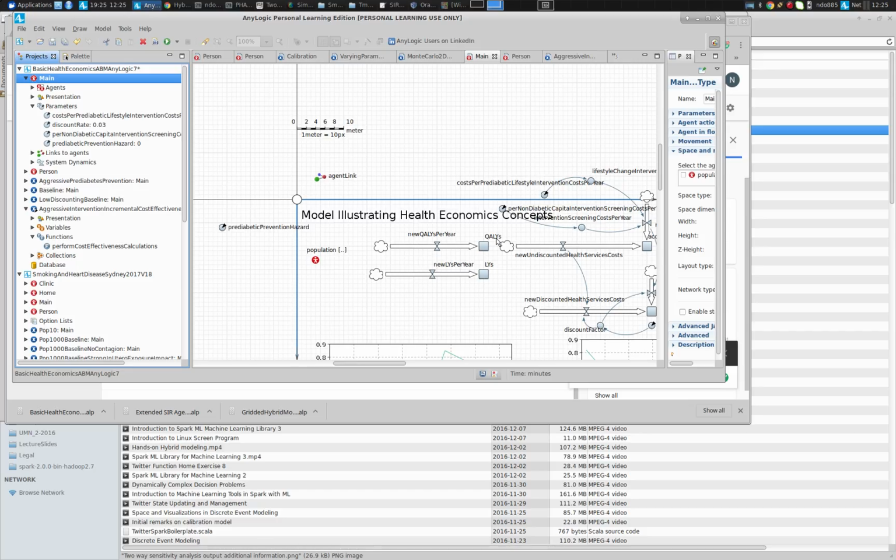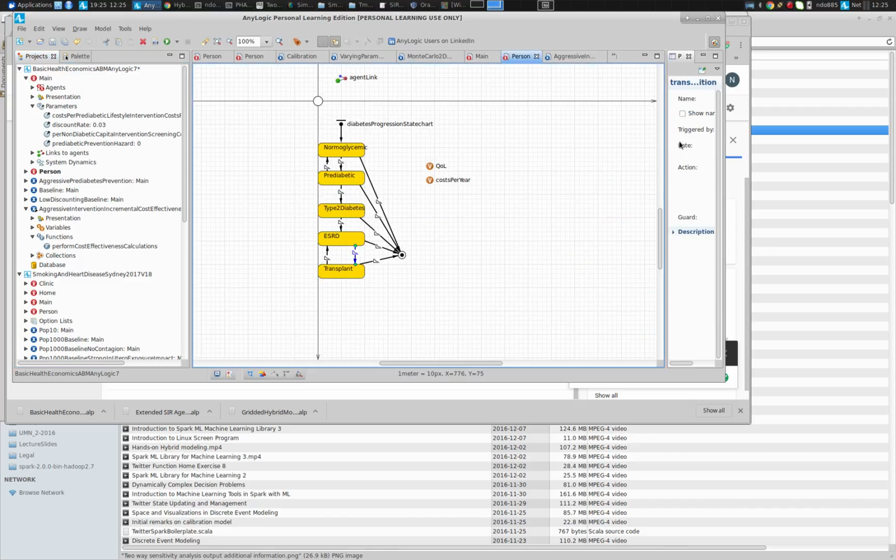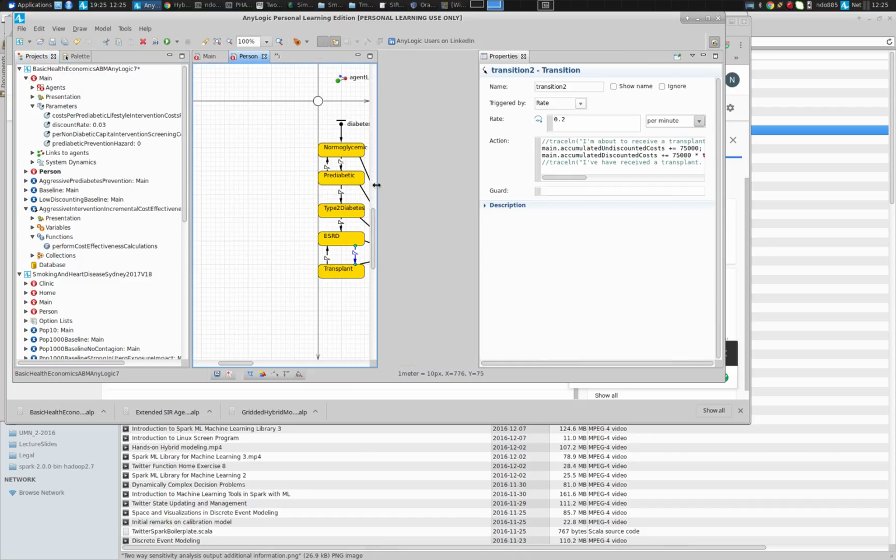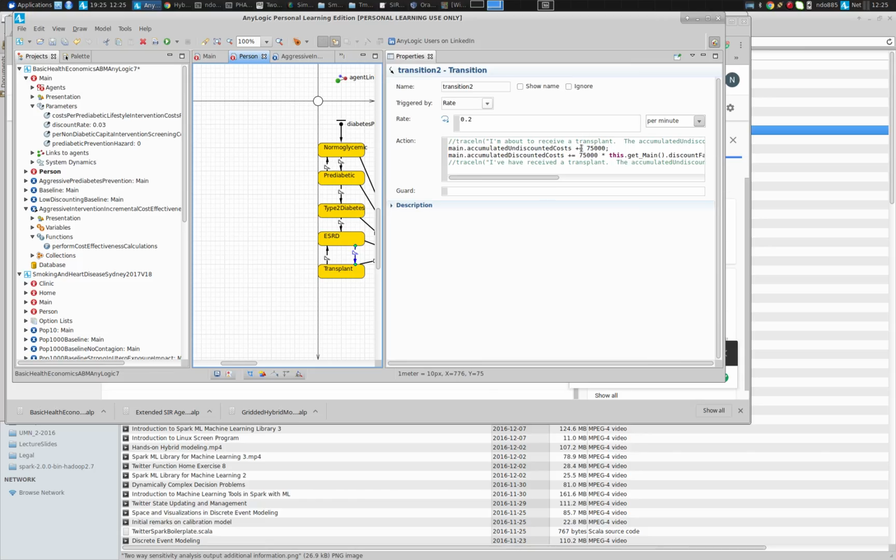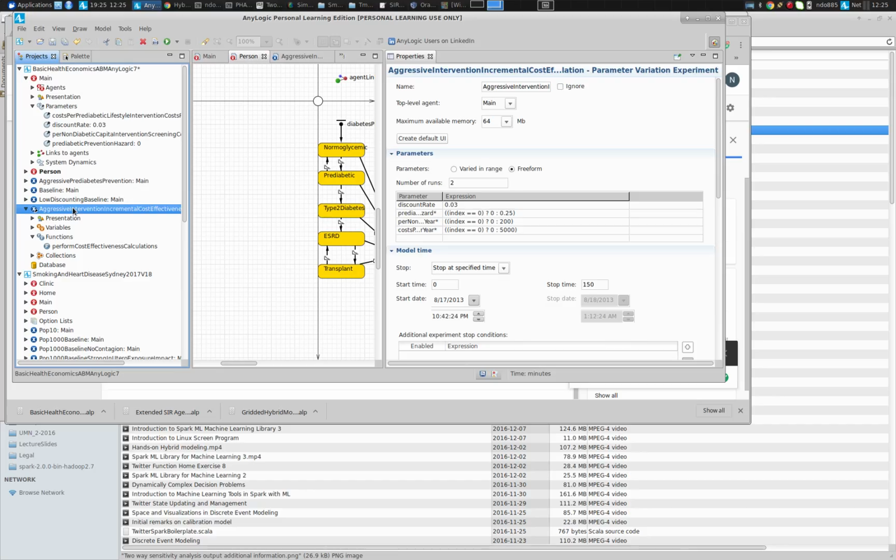And we need a way of relating that to the individual-level phenomena, which we do through statistics, and for certain types of events by directly incrementing these costs. Then, through artful use of a parameter variation experiment, we can perform an appropriate calculation of incremental cost effectiveness ratios.